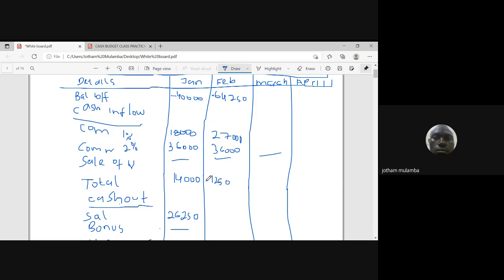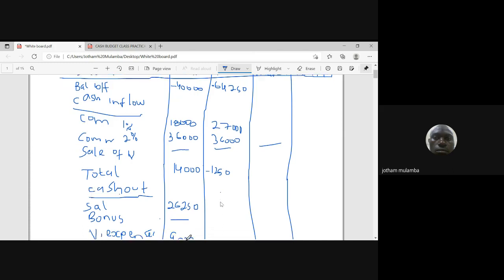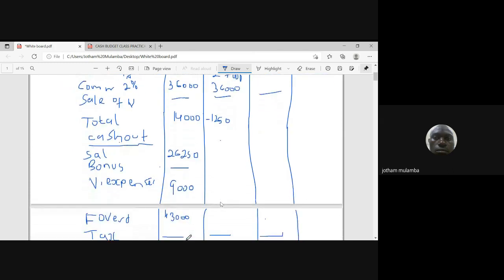Now we go to cash outflow. So salary does not change. So our salary will remain 26,250.